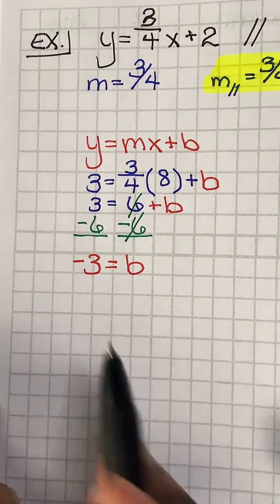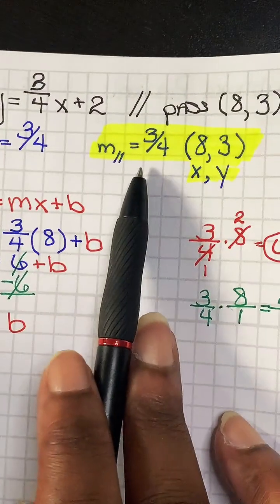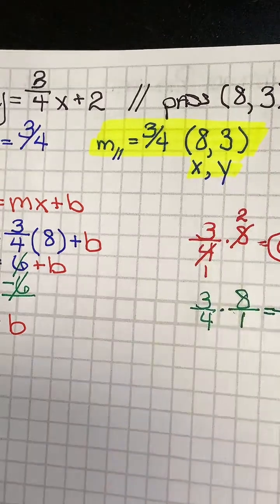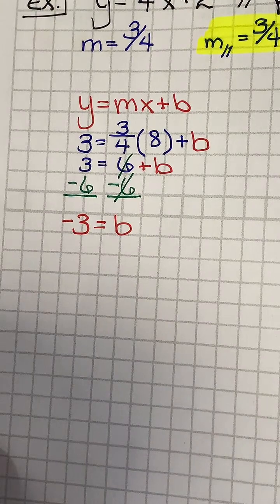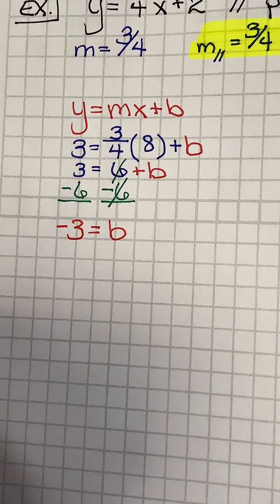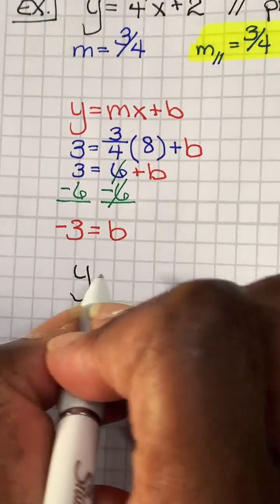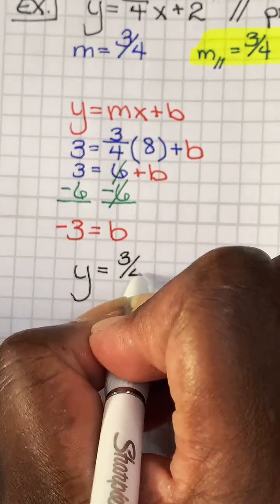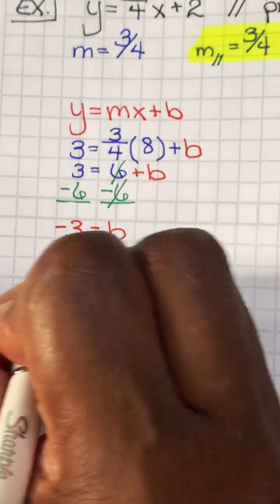So now we can put it together. We figured out our slope. Remember, our slope was 3/4. We used this point to help find the b, the y-intercept. So the equation of the line that is parallel to that original equation, and passes through the point (8, 3), is y equals 3/4 x minus 3.